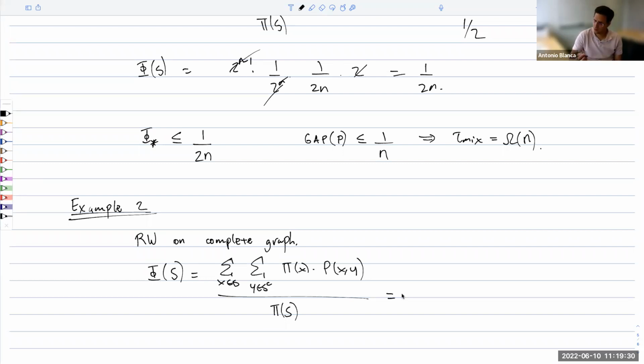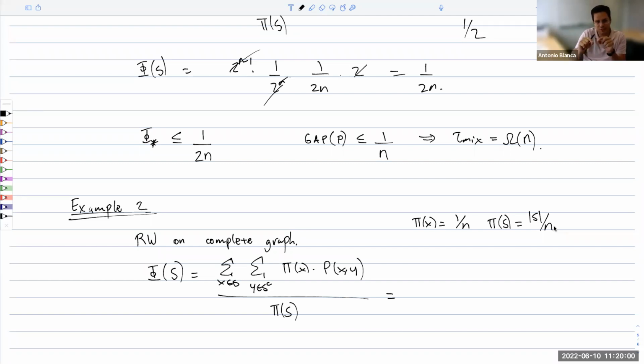Okay, so for every vertex X, first the stationary distribution is the uniform one, right? So pi of X is 1 over n, and then pi of S is S over n. Again, by symmetry, everything is symmetric here. The uniform distribution is the stationary distribution. And the probability that from X we go to something in the complement, remember that we're picking a random neighbor, right?